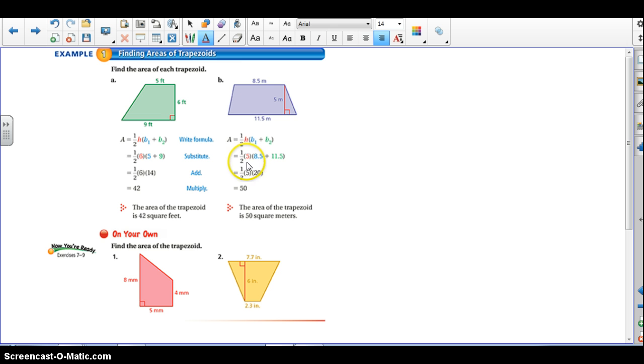So you've got 1/2 times 5 times 8.5 plus 11.5. Again, you do that first in parentheses, and then you figure it out from there. So 8.5 plus 11.5 is 20. Bring down the parts you didn't use, and the area is 50 square meters.